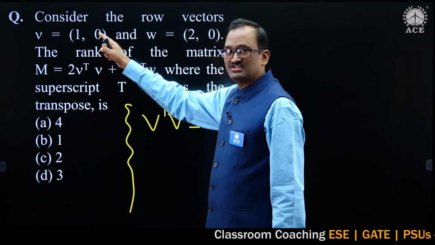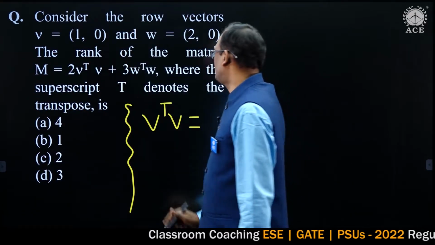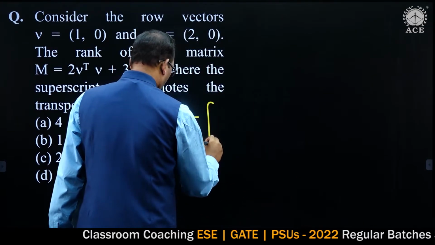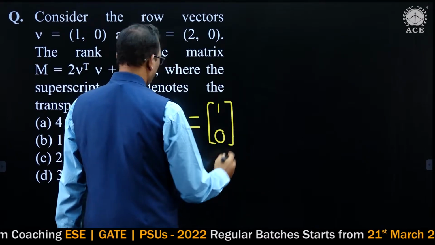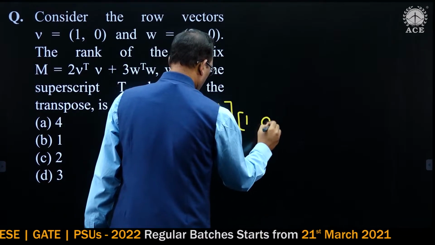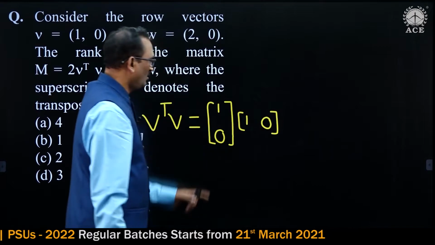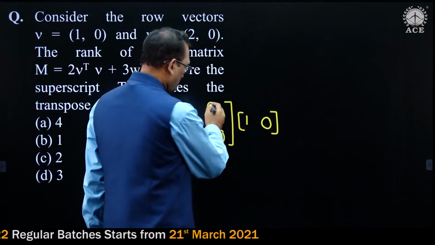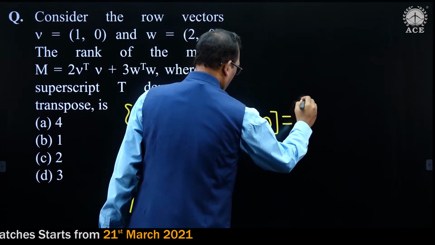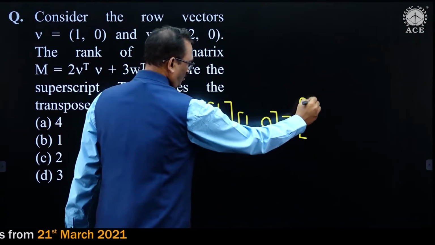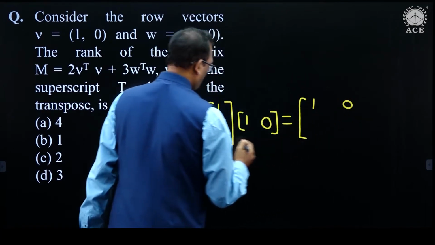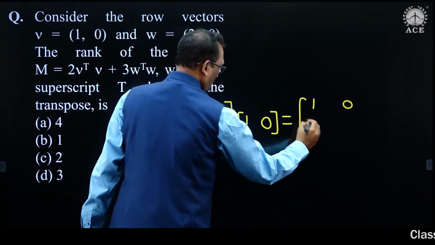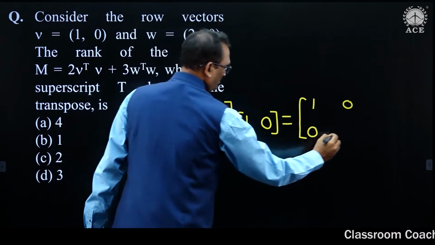V is a row matrix of 1, 0. V transpose is a column matrix of 1, 0. Now multiply these two matrices: 1 into 1, 1. 1 into 0, 0. 0 into 1, 0. 0 into 0 that is 0.